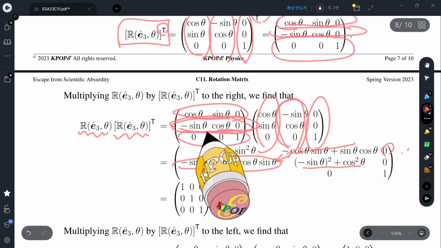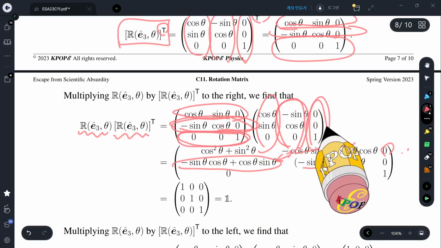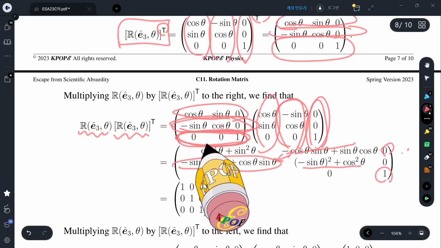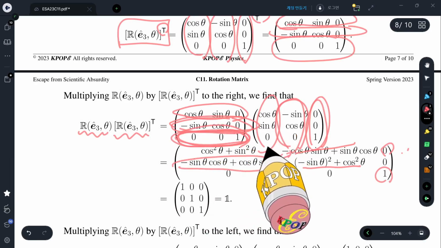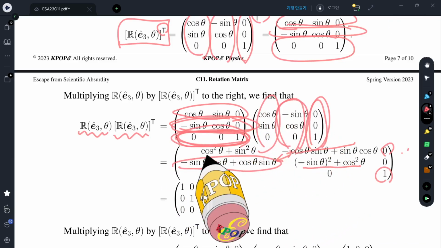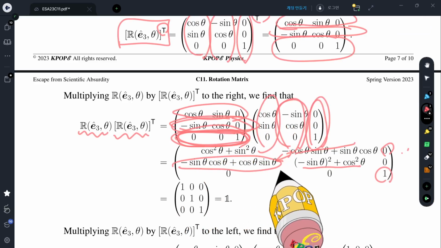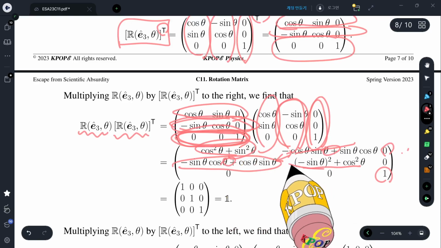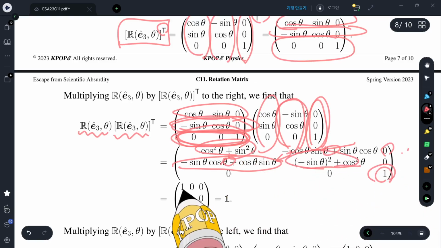The third row and third column survives, except that the third row kills the first and second column. Finally, what we find is everything is a 0 except for the diagonal components that are all 1.